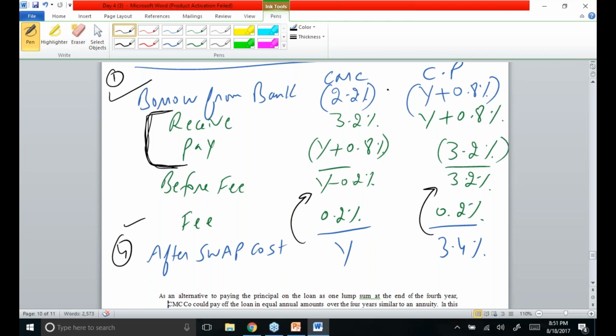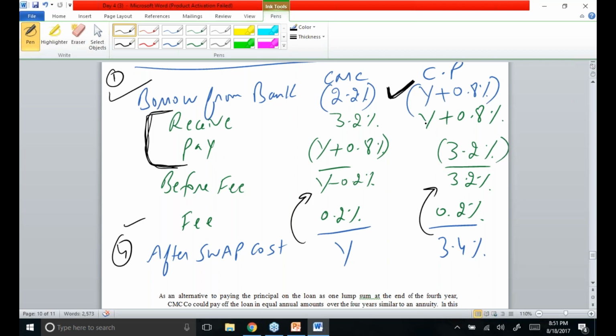The company which is paying floating to its bank will receive the same floating from the other party. So if counterparty is paying yield plus 0.8% to its bank, it will receive the yield plus 0.8% from the other party.